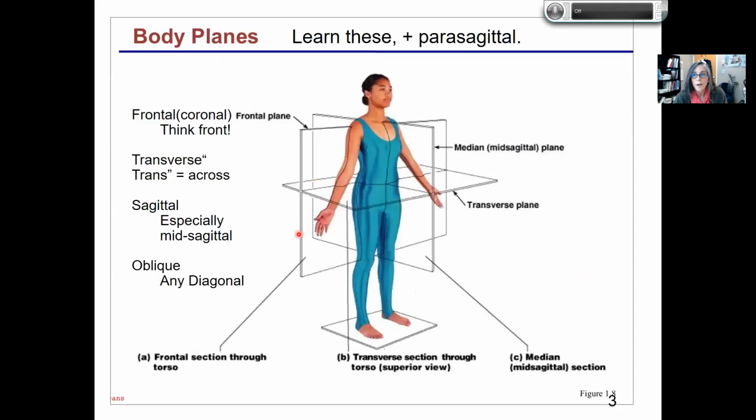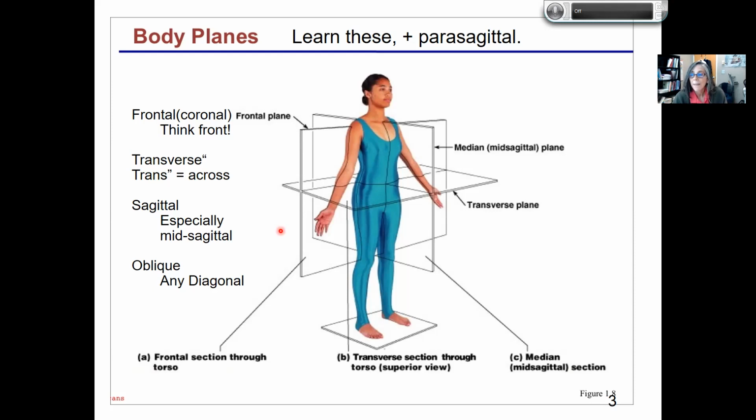Okay, so now what we're going to talk about a little bit is how we view the divisions of the body, or basically cuts. There are three main planes that we see different organs in. And you've known this because you've all had x-rays at some point in time.